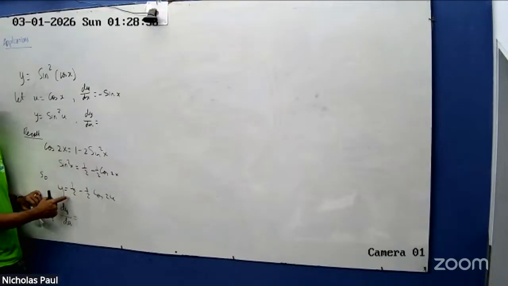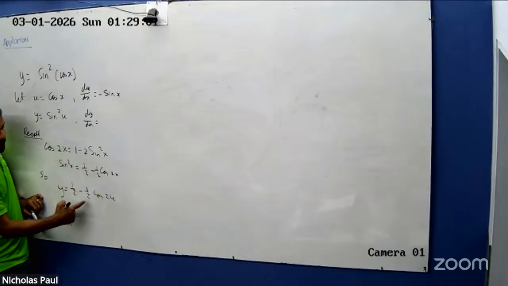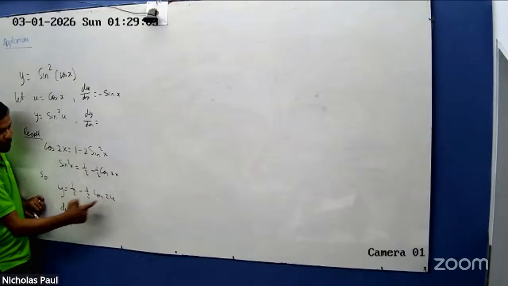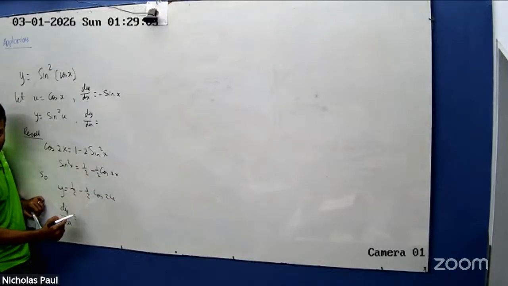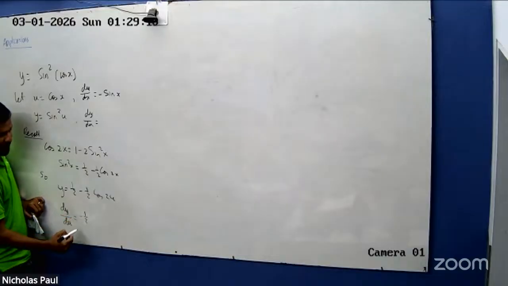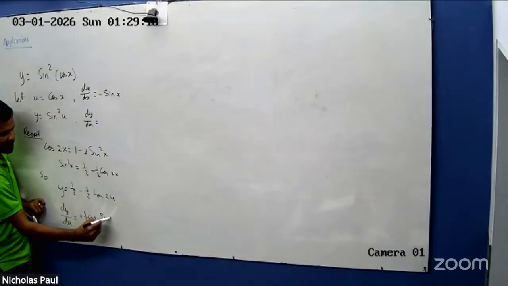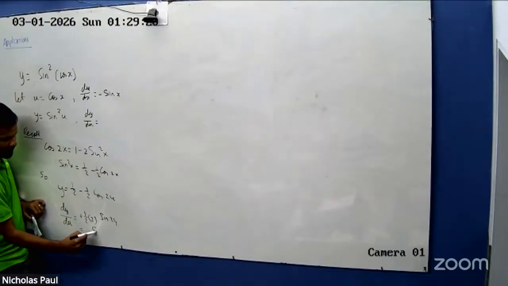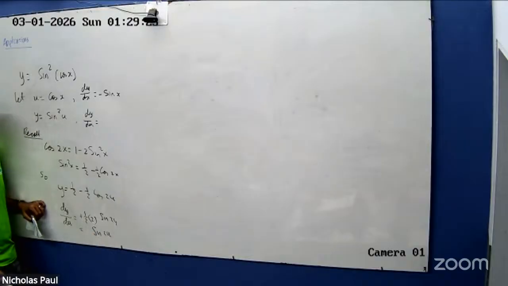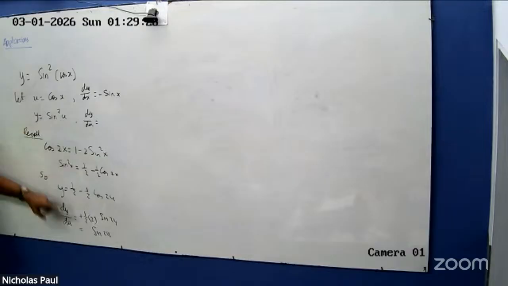So now we can differentiate a little bit easier. What's the differential of a half? 0, right? What's the differential of a half cos 2u? So you write back the minus a half. The differential of 2u is 2, the differential of cos is what? Minus sine 2u. So you will end up with sine 2u. So the differential of this is this. You see that?